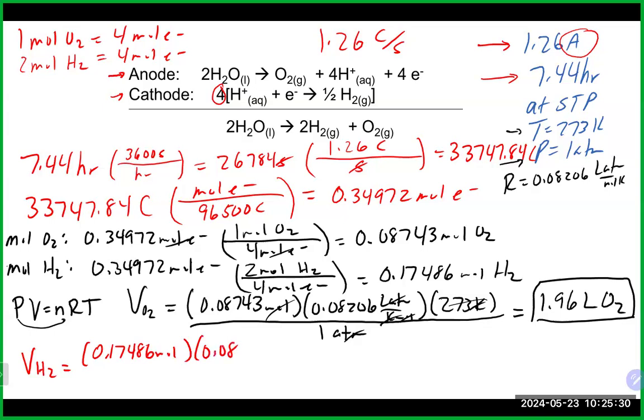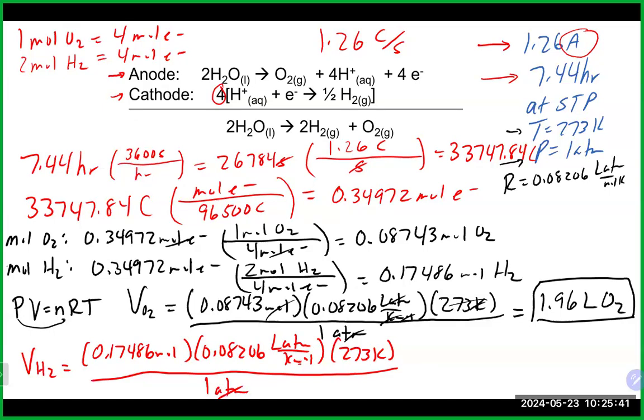Still our gas constant, still 273 Kelvin, all divided by our 1 atmosphere. Once again, everything cancels out except for liters. That is going to get us 0.17486 times 0.08206 times 273, and that'll get us 3.92 liters of hydrogen, which is a 2 to 1 relationship between those two, which is good as well.